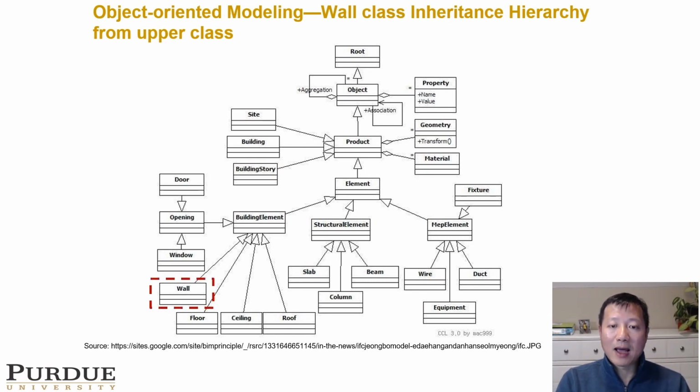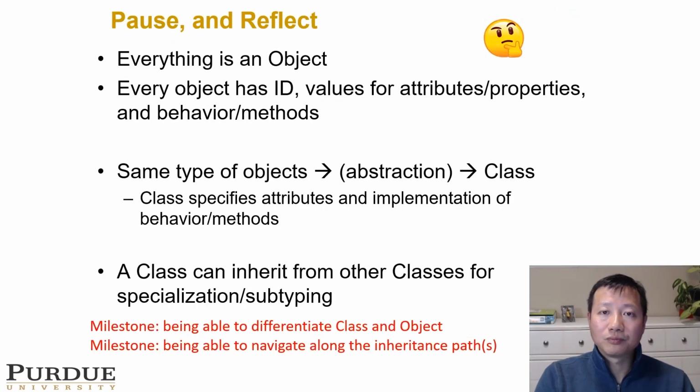Wall is a subclass of building element, and the building element is a subclass of element. Element is a subclass of product. Product is a subclass of object, and this object is a subclass of root. So this root is the root node to all the objects in a building model, right?